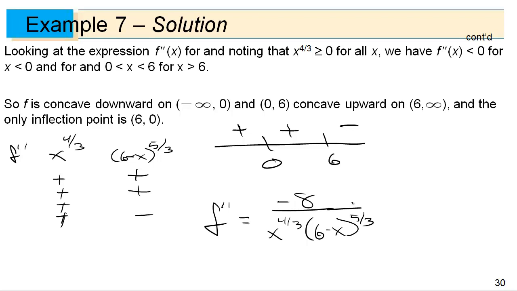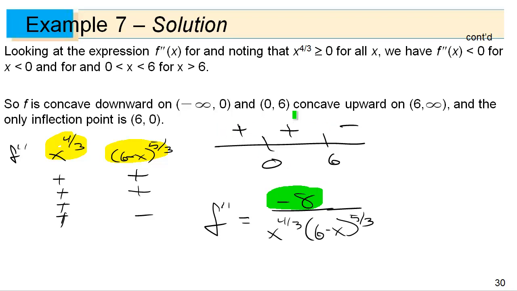And I've seen this happen to a lot of students. They get so fixated on the two factors that actually have zeros, that they forget that there really is a third factor here, a negative 8.